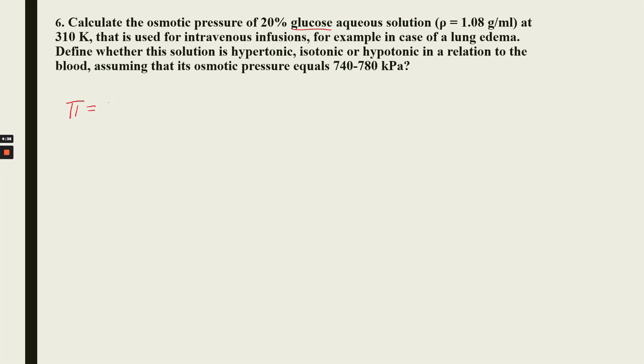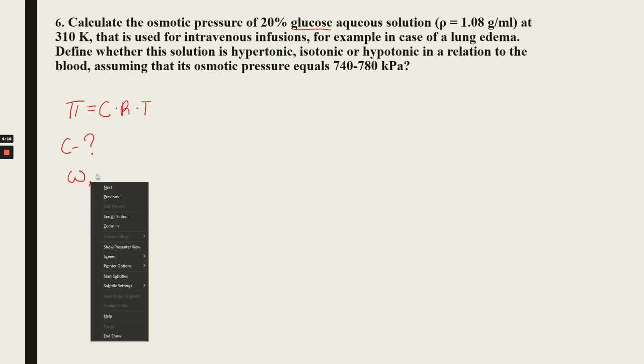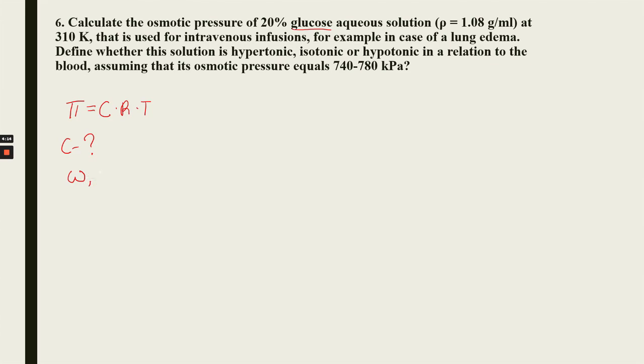P is equal C multiply R multiply T. The most difficult part of that problem is to find C, molar concentration. It's not given. We see that there is given mass fraction, omega. It is measured in percent, and it's equal 20%.